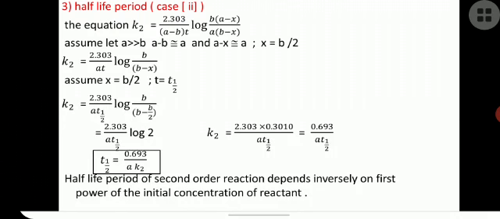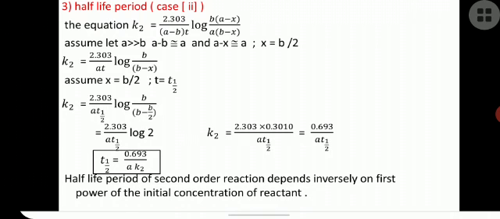Therefore, by substituting x as b by 2 and t as t half, we get k2 is equal to 2.303 upon a t half into log of b divided by b minus b by 2. By solving this equation, we get 2.303 upon a t half into log 2. As we know, log 2 is 0.3010. Therefore, k2 is equal to 2.303 into 0.3010 divided by a t half.